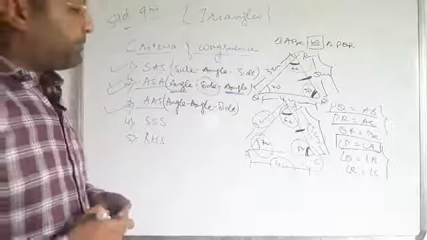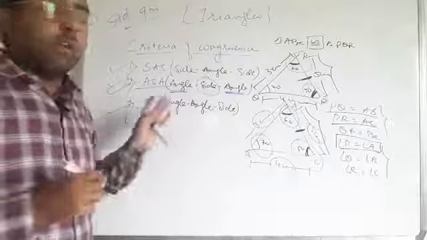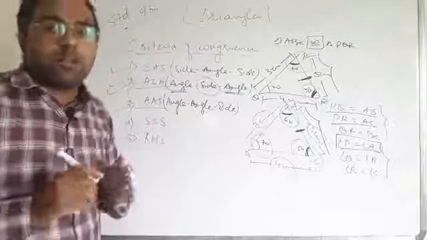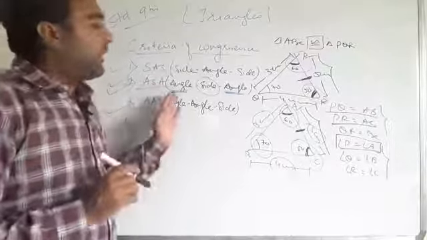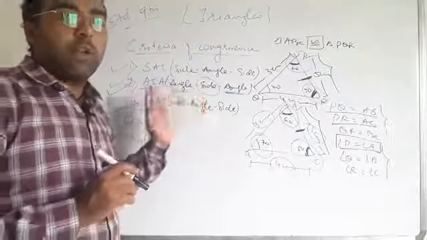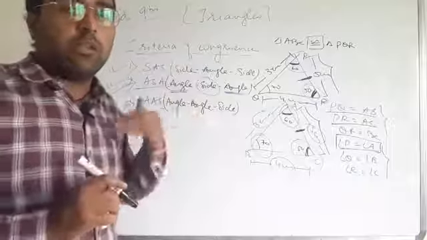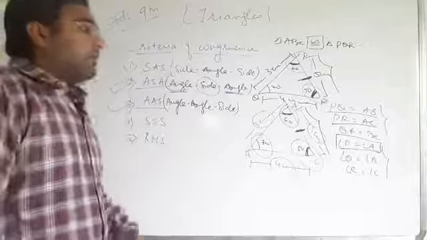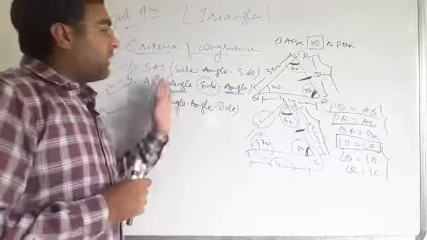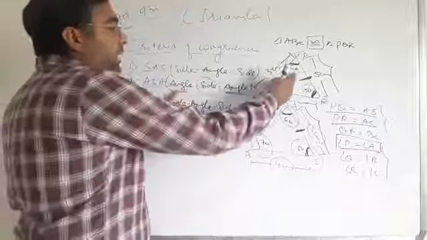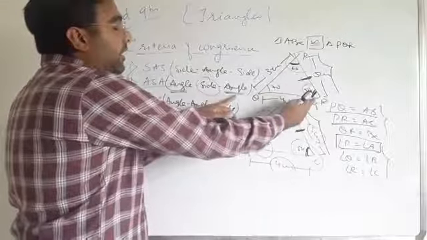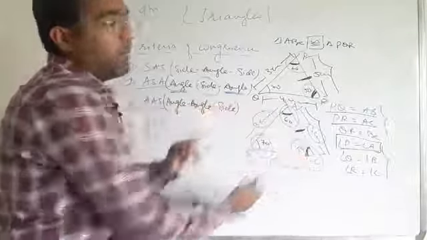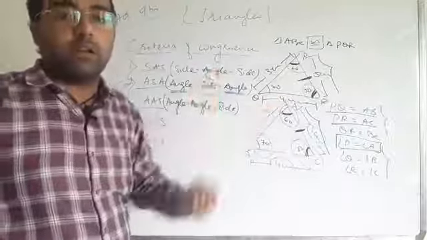For any of the congruency criteria, you must understand that you have to write them in order. First angle, after that side, and after that angle, that is angle side angle.